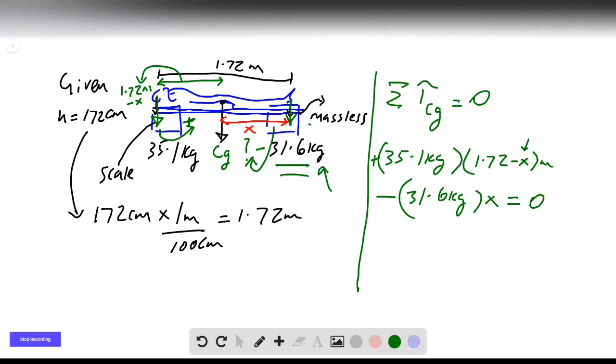And so we end up having, we use the distributive property.